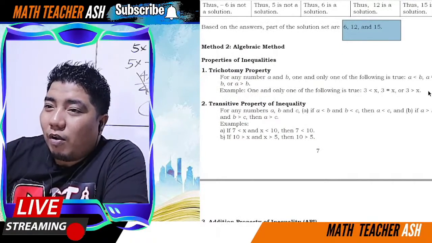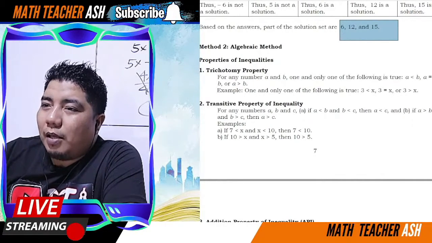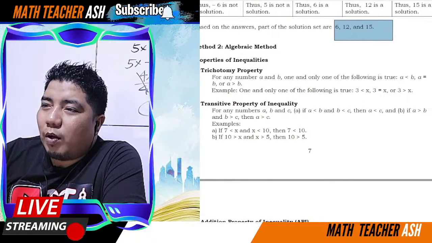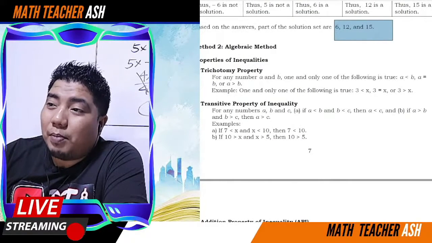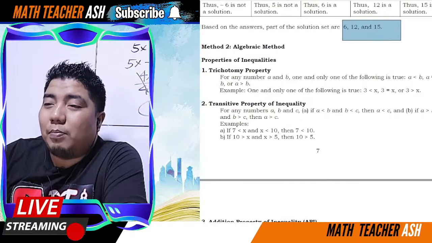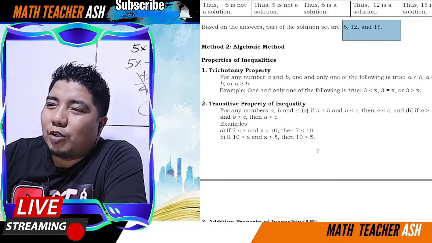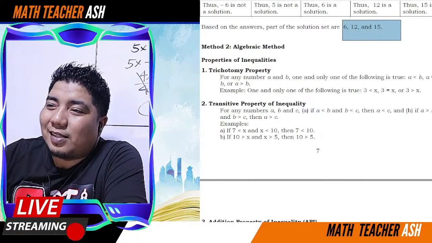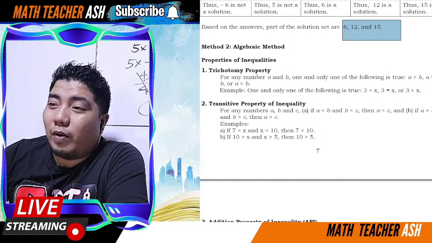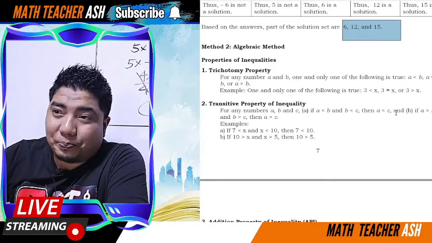Okay, so trichotomy property. For any number a and b, one and only one of the following is true. A is less than b, a is equal to b, or a is greater than b. One and only one of the following is true. Okay? So 3 is less than x, 3 is equal to x, or 3 is greater than x. Isa lang dyan ang totoo.